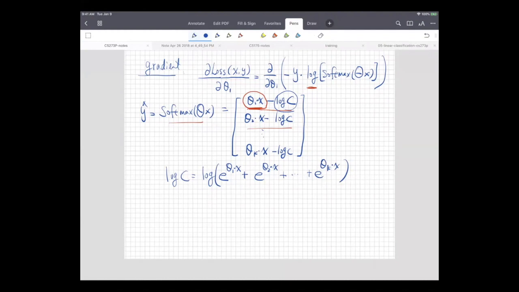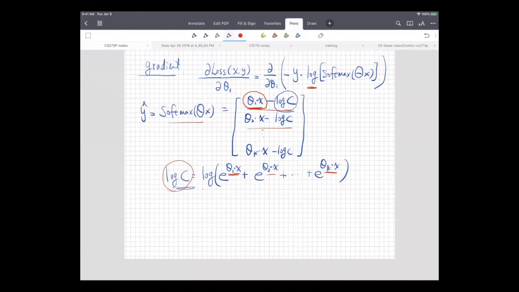You can see that this constant is actually a function of the parameters. As a result, the gradient with respect to theta is not 0, because you have to consider the dependence on theta within the log of the exponential terms.